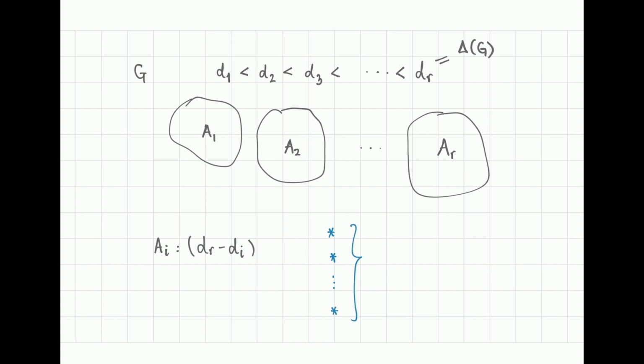So this is DR minus DI many vertices, and we're going to introduce, of course, a separate group for each vertex in AI. So a particular vertex in AI is going to get these many new neighbors, and that's going to fix the degree of this particular vertex in AI. As I said, we repeat this process for every vertex in AI, and we're going to do this for all I between 1 and R minus 1.